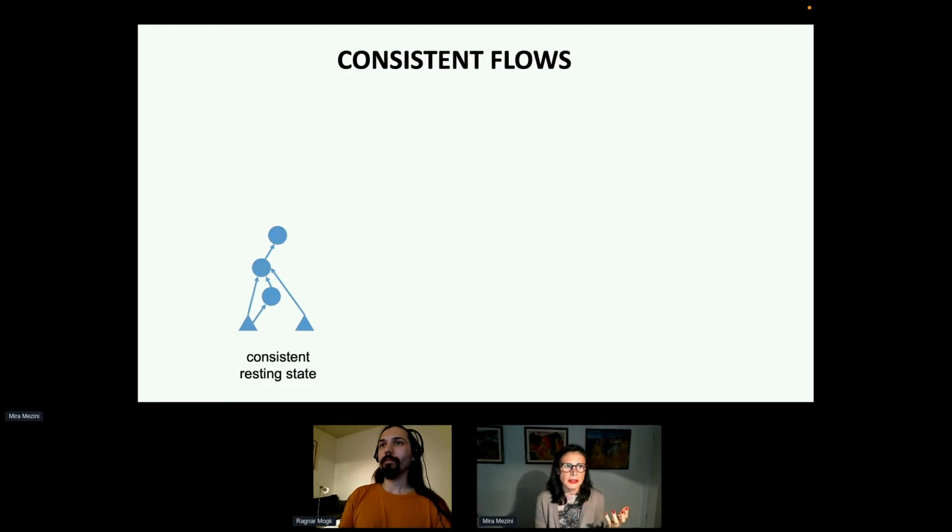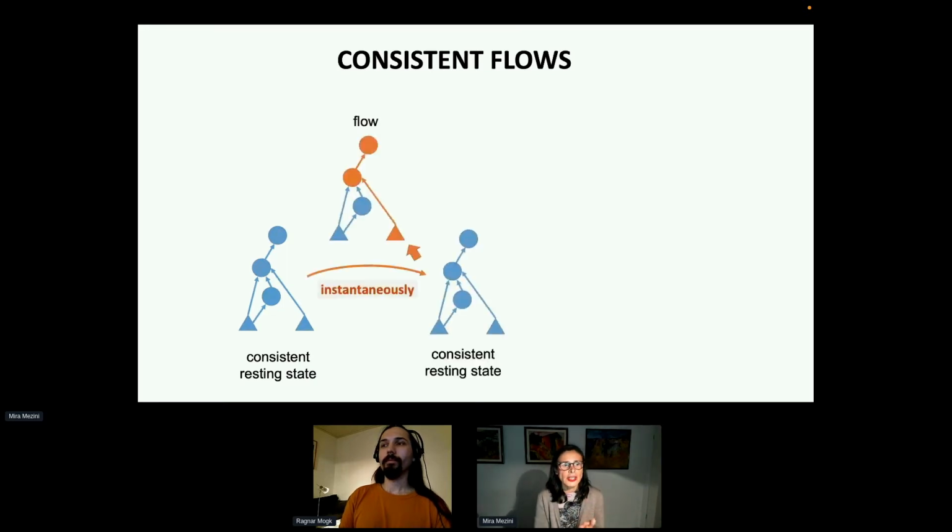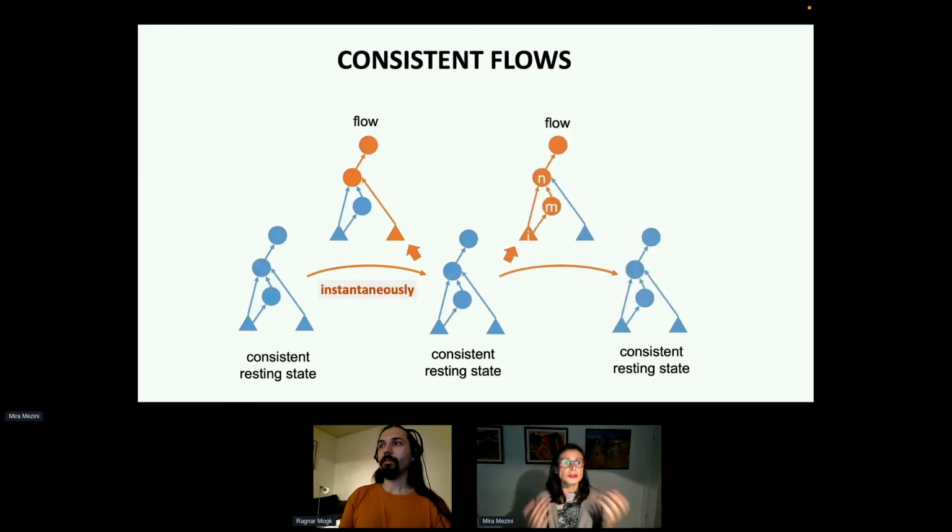Basically, it means that a change flow, although it may affect several nodes in the dependency graph, is executed as if it was happening instantaneously. So as an atomic operation, it moves the entire graph from one consistent state to the next consistent state. And intermediate states are not observable.